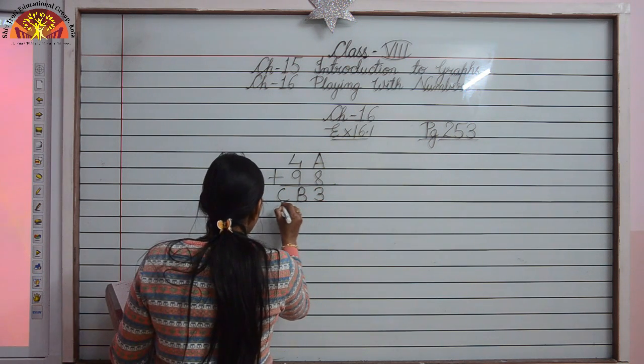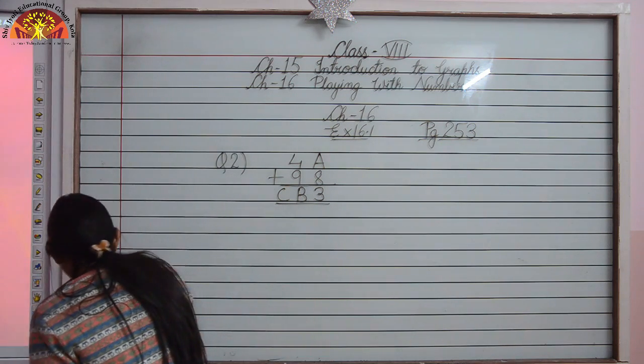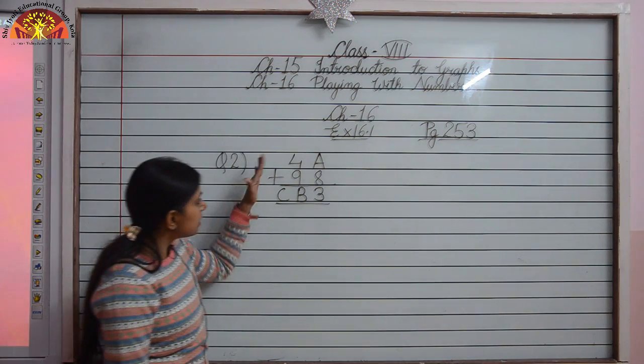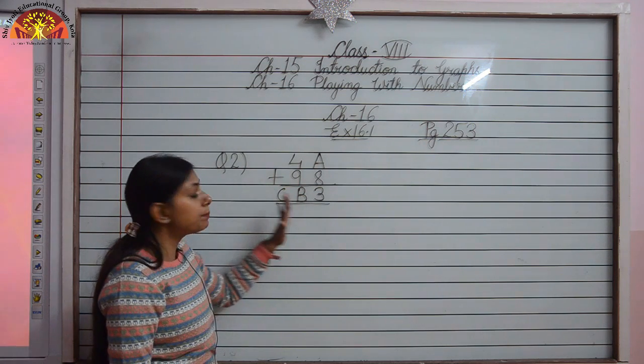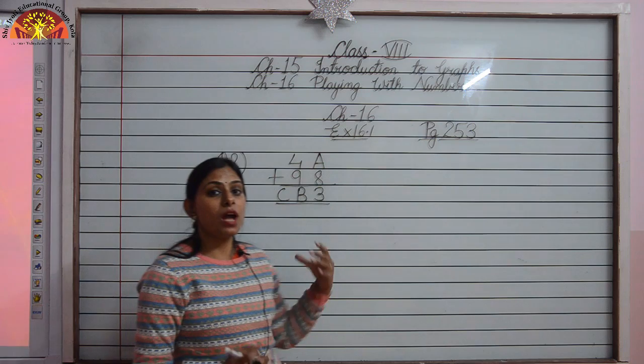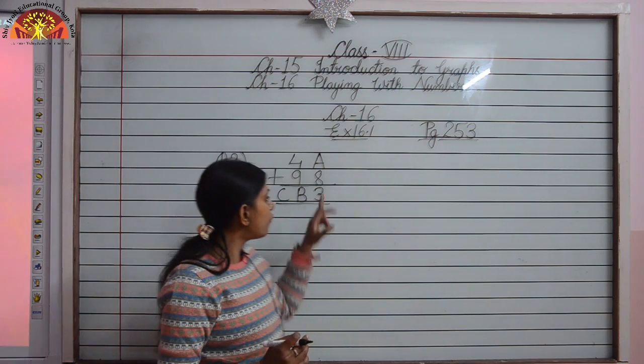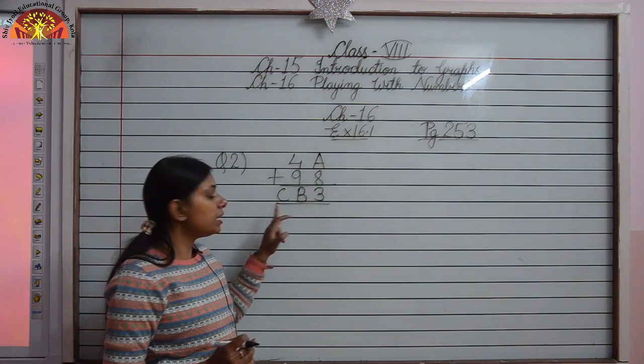Okay, so this is the answer. Now children, you have to determine, you can see the question, that is 4A plus 98 and the answer is CB3. That means you have to determine the values of letters A, B and C.